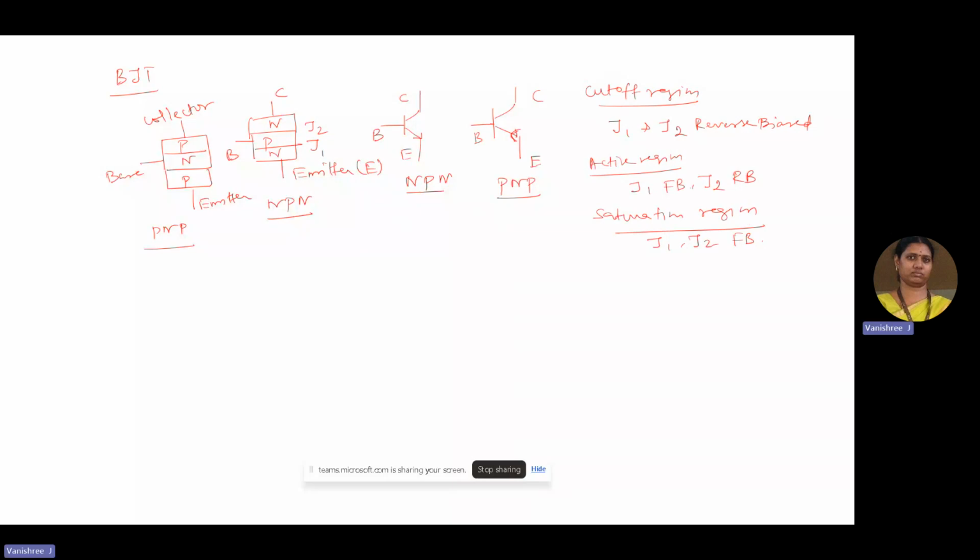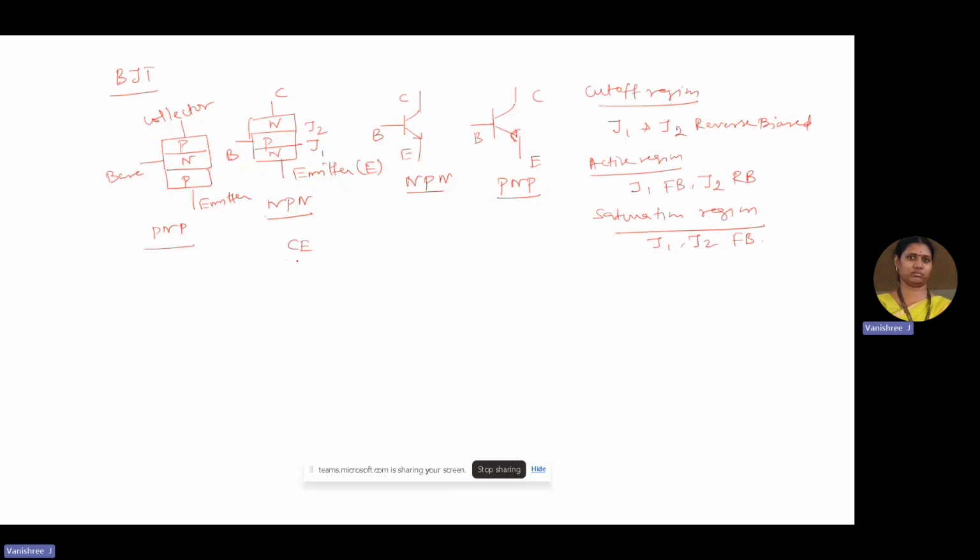Now let us discuss its working principle with the circuit diagram. Before we proceed, let us see what configurations are possible. We have three configurations depending upon which terminal is common between the input and the output. If emitter is common to both input and output, it is called the common emitter configuration.